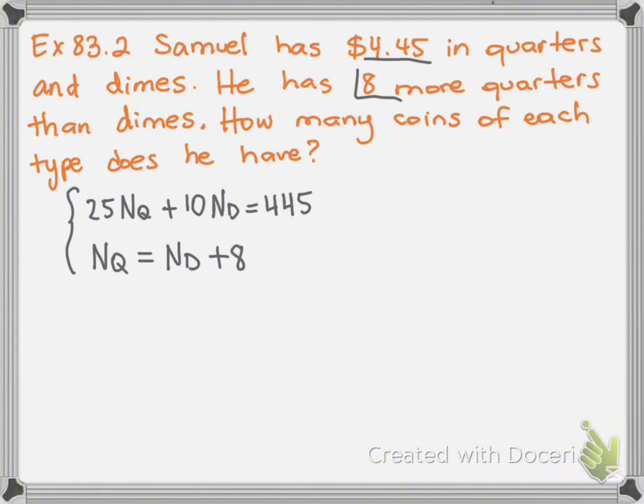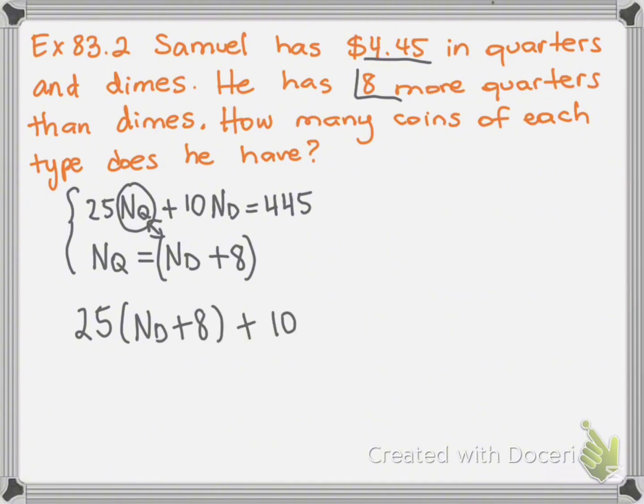Now, in this case, it is ready to do substitution. So what we're going to do is change that NQ for that ND plus 8 because they are the same thing. So we rewrite, but in this case, we put ND plus 8 plus 10 ND equals 445.